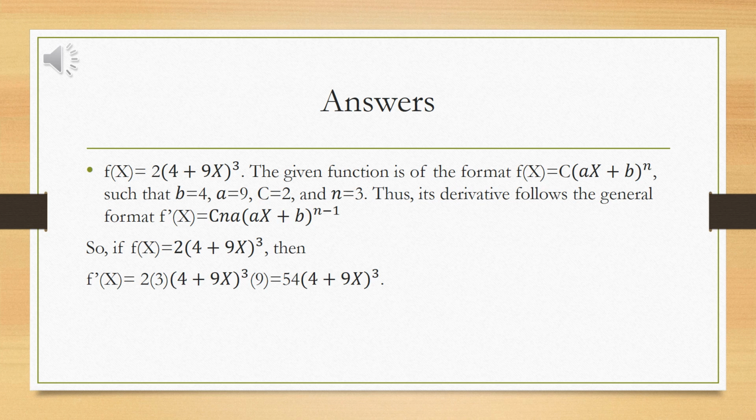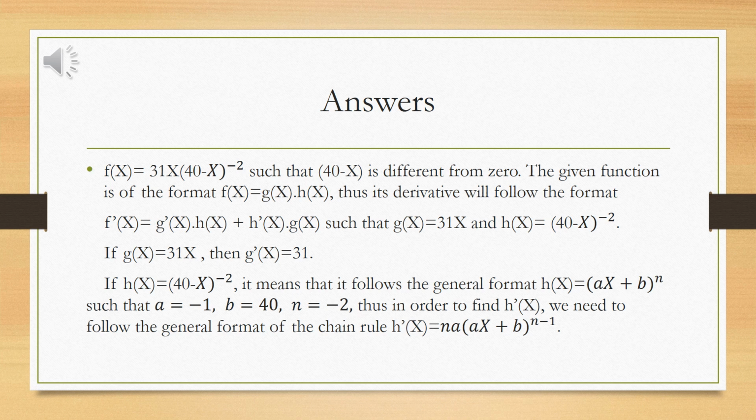So, if f(x) = 2(4 + 9x)^3, then f'(x) = 2 × 3 × (4 + 9x)^3 × 9, which is the derivative of 4 + 9x. f'(x) = 54(4 + 9x)^3.